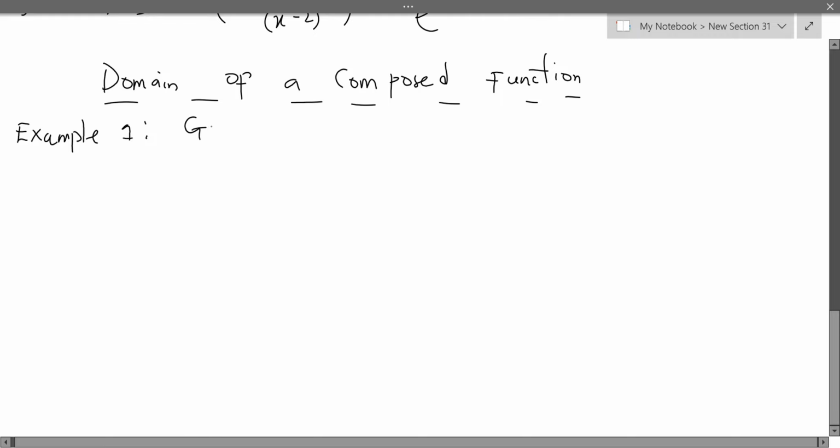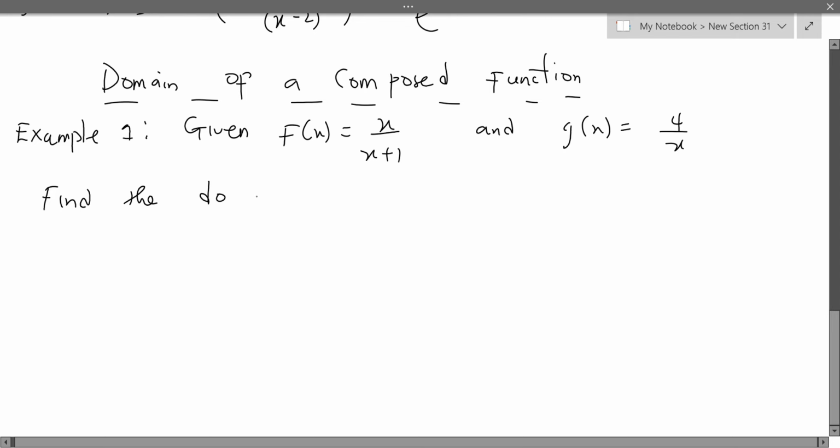Say given f of x is equal to x over x plus 1 and g of x is equal to 4 over x. So find the domain of f of g of x.